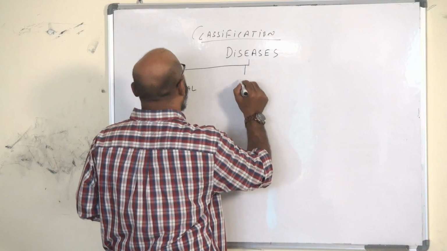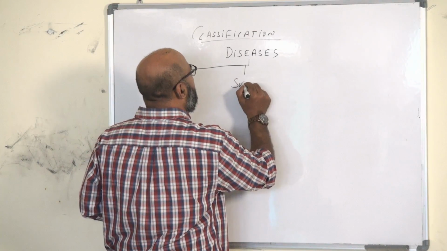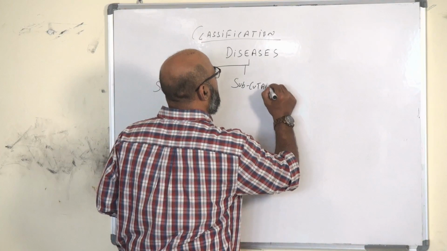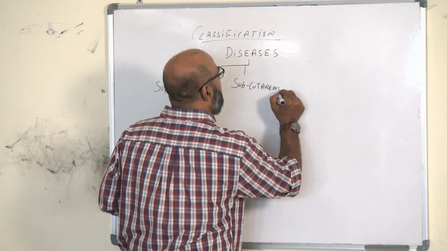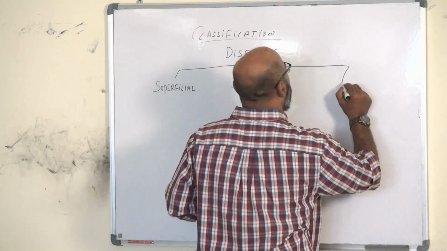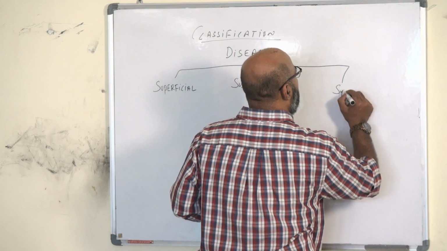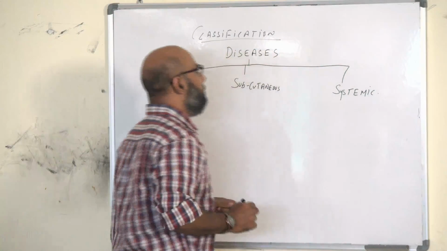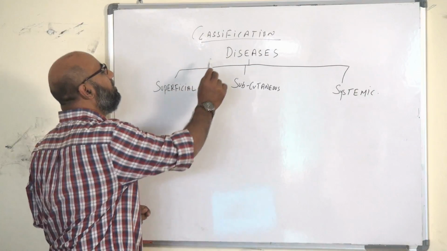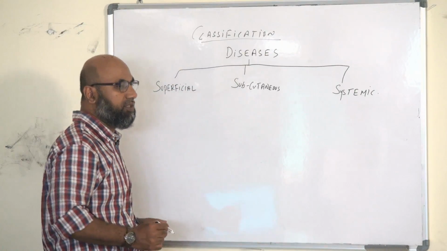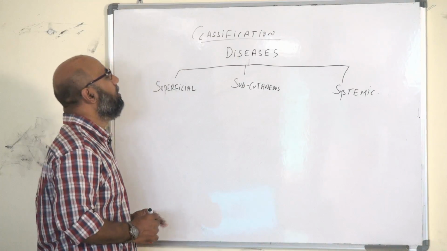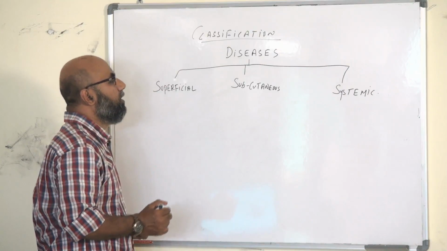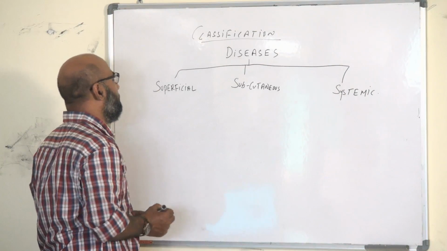Second one is the subcutaneous mycosis, and the third one is the systemic mycosis. Okay, so this is the third classification, which is according to the diseases that the fungi cause. And here the three classes are the superficial mycosis, subcutaneous mycosis, and the systemic mycosis.